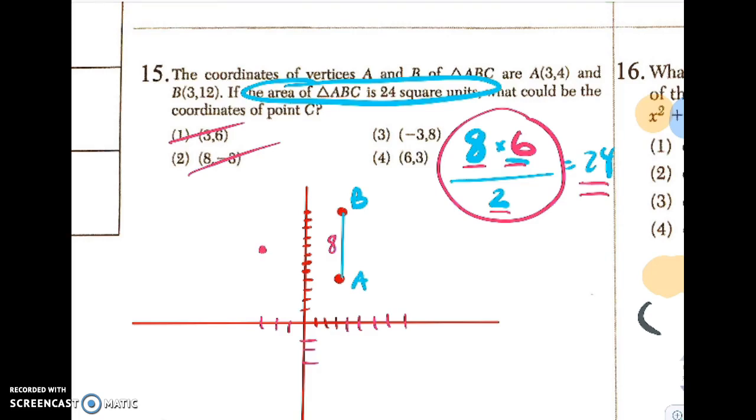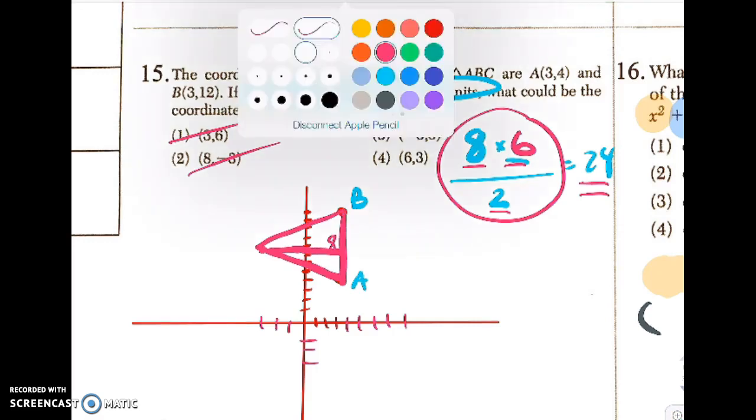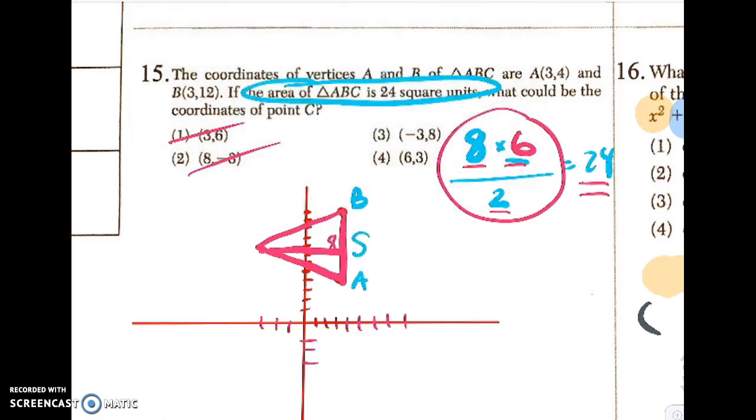And if we're negative 3 here and 3 here, then that distance is 6. So now I have a triangle that has one side of 8 and one height of 6. So 8 times 6, base times height, is 48, divided by 2 is 24. There it is. Not very straightforward, but hopefully it makes sense.